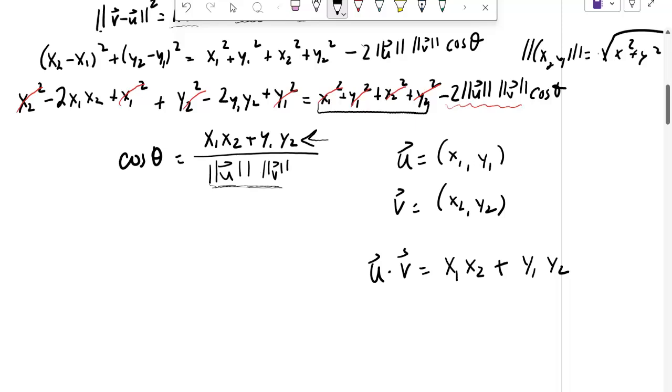The dot product is 0, right? Because cosine of 90 degrees is 0. Then you have two non-zero vectors. Their length will be non-zero. So the only way that this could equal 0 is if the dot product is 0, okay? So that's going to be a nice numeric check for us as well for when they are perpendicular. We're going to have a fancy word for it later because not all dot products are Euclidean dot products. Orthogonal is the fancy word for it.